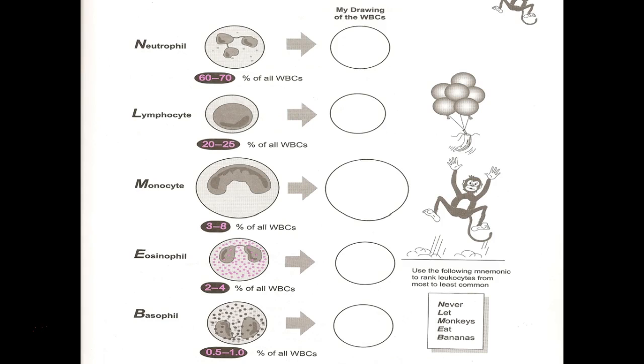A very key characteristic of them is that their nucleus separates into different sections referred to as lobes. There are multiple lobes, so they're commonly referred to as multi-lobed, and they've got a lot of different names out there. Some people call them polys, P-O-L-Y, for polymorphonuclear, referring to the nucleus having many parts.